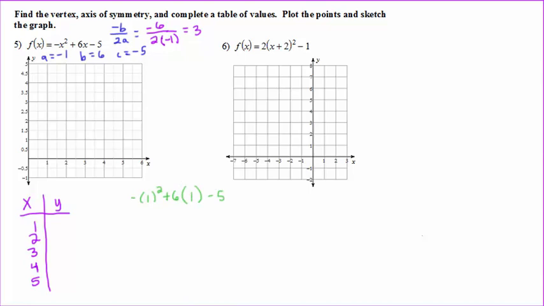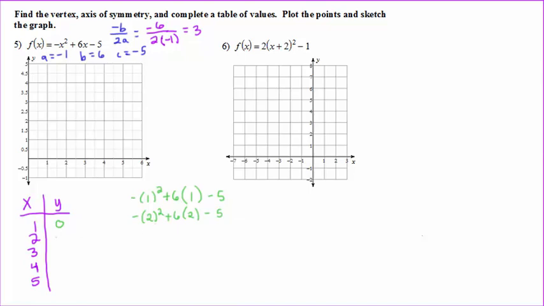That gives me 0. Then I would plug in 2, and so on. Another thing you can do is put this in on y equals and go to second graph, and you can get a table of values that way.